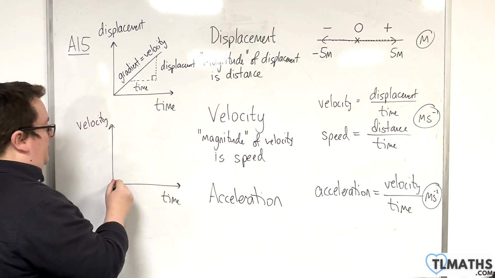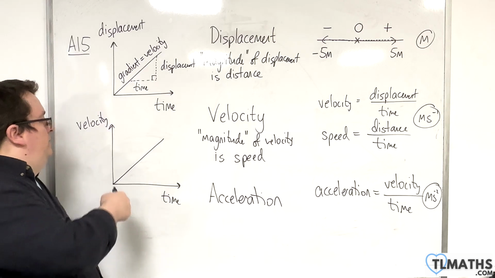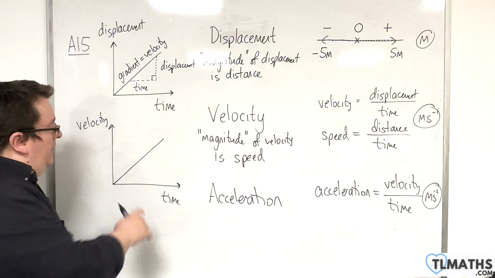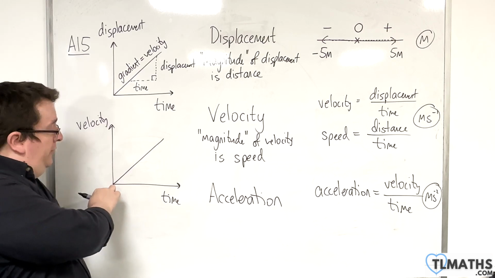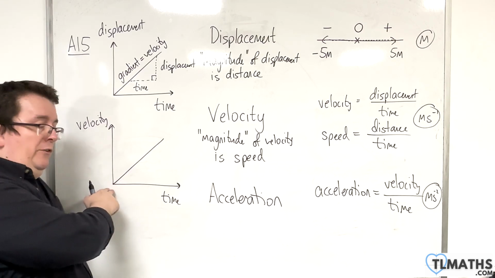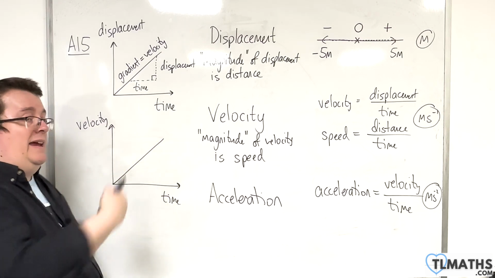Then, if you had a graph that looks something like this, this would be saying that as time goes on, we're starting at zero velocity, so starting stationary, stood still, and then you are progressively getting faster.